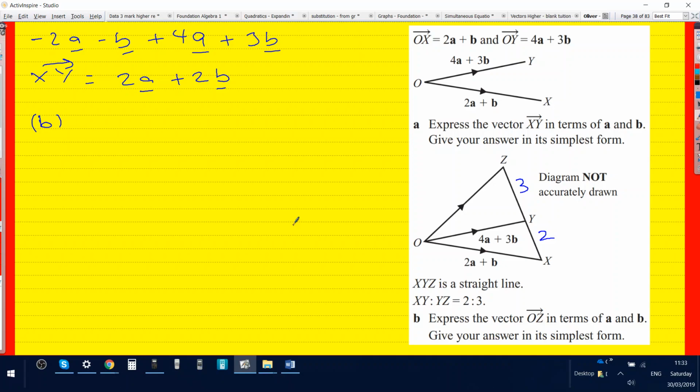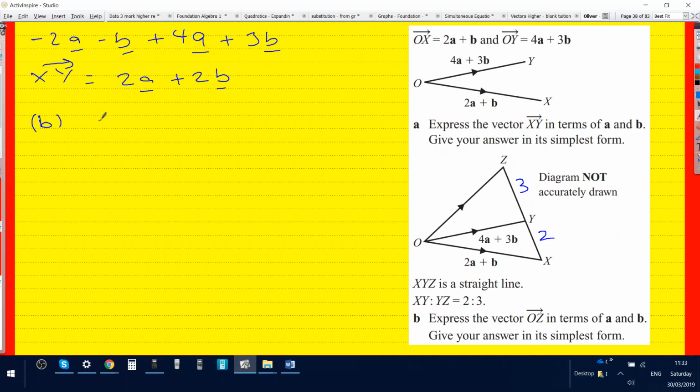That would be 5 over 3. What is 5 over 3? 5 over 3 is x to z. It has to be 5 over 3 of what? Of x to y.